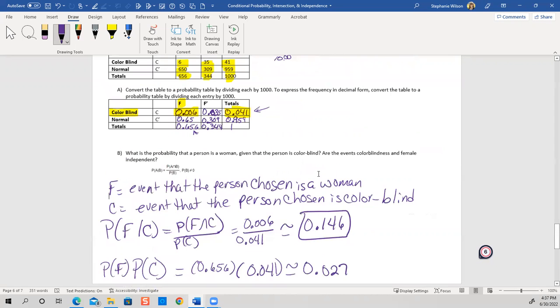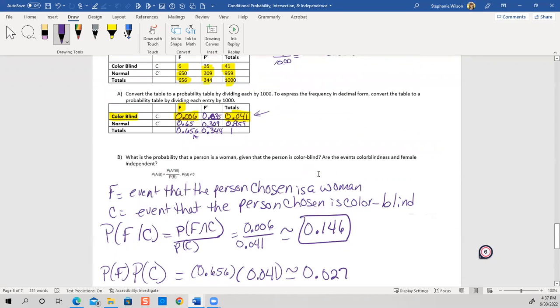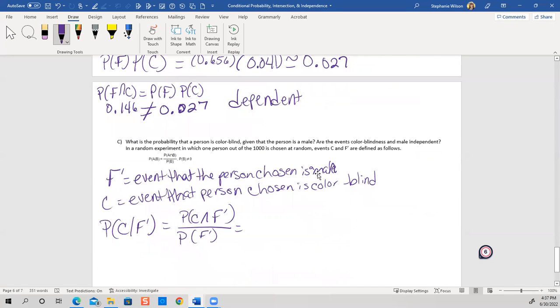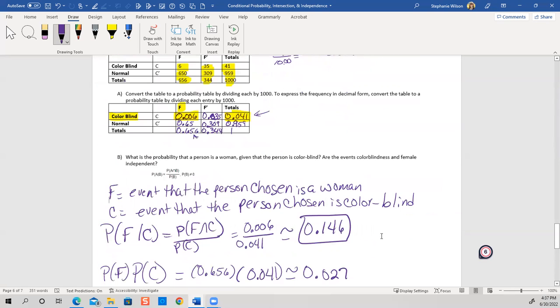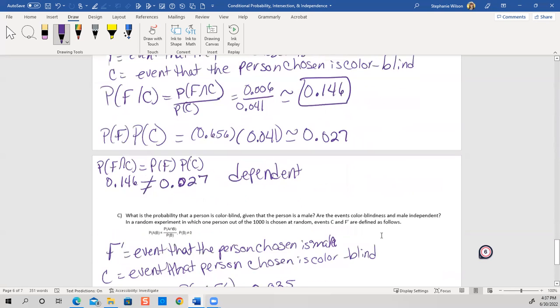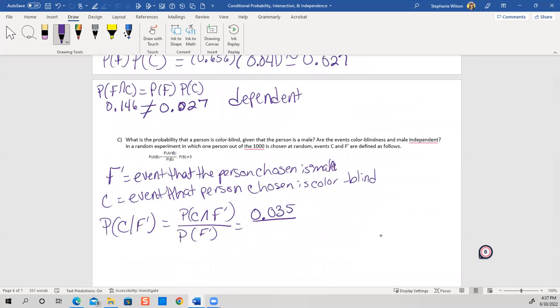The colorblind and males intersect at 0.035. And then we want the total number of men. If you'll look here, it's 0.344. Let's type that in our calculator, or you could do it by hand on paper. So we get this probability.